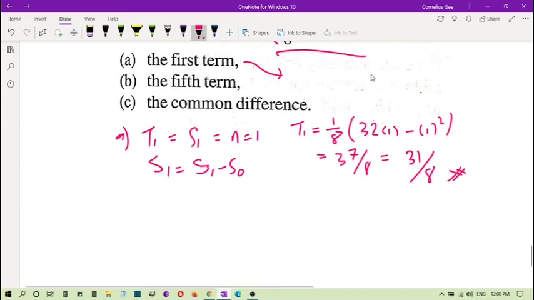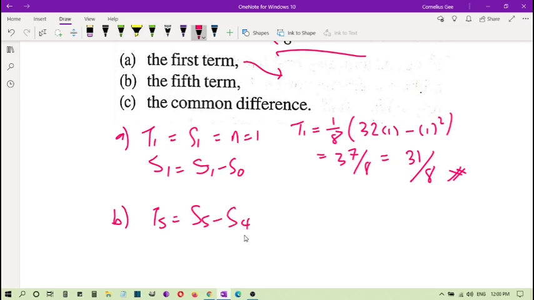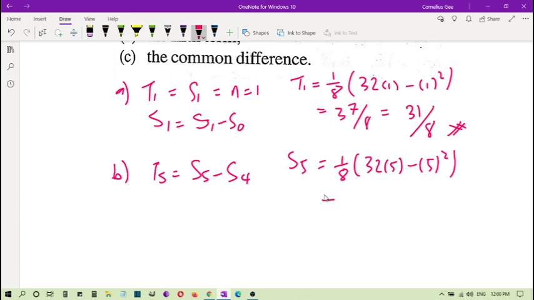Now we want to find the fifth term. If I want to find the fifth term, then I will find S5 minus S4. So S5 is 1 over 8 times 32 times 5 minus 5 square. So this is 16.875.